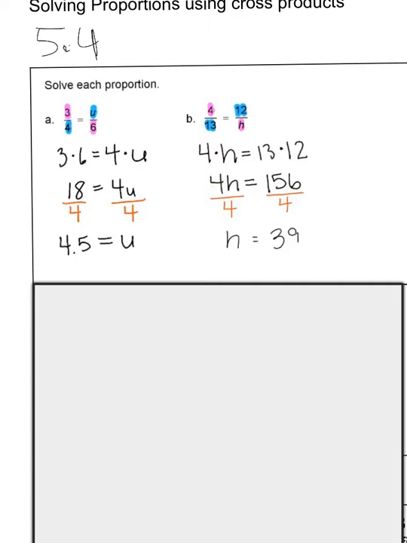Perfect. Now we can see that we have multiplication, so we undo our multiplication with division. So 4 divided by 4 and 156 divided by 4. We are simply left with h here, and 156 divided by 4 is 39. So we know h is equal to 39, okay?